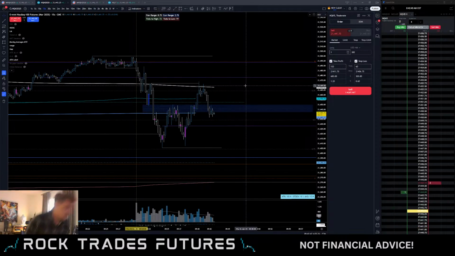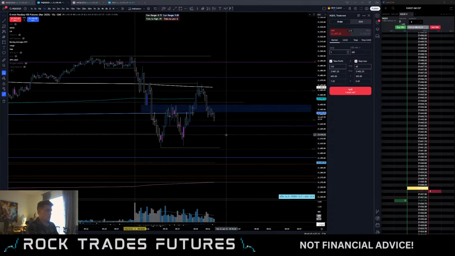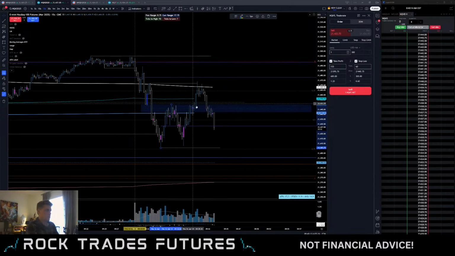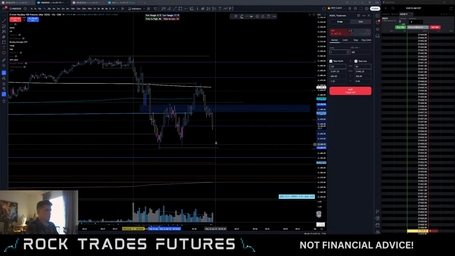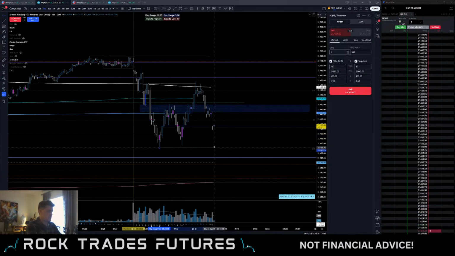All right, this makes more sense to me. We closed below the initial imbalance on the 15-second. We held the 200 period moving average based on the 1 minute chart. That's this white line. And now we are pushing back towards these relative equal lows, which I said look tasty.